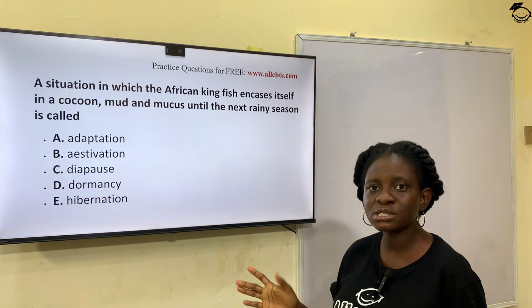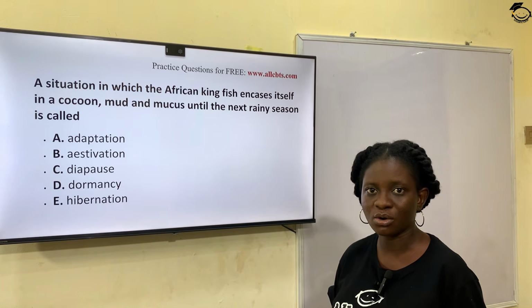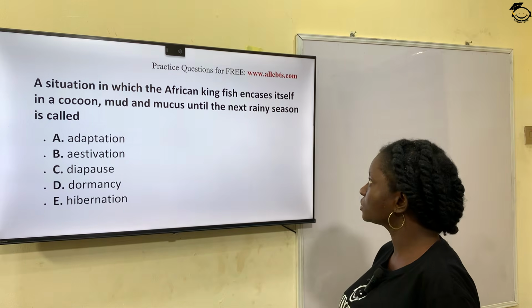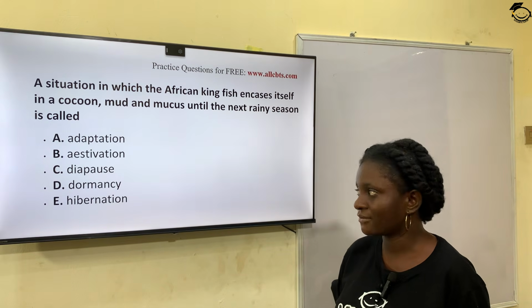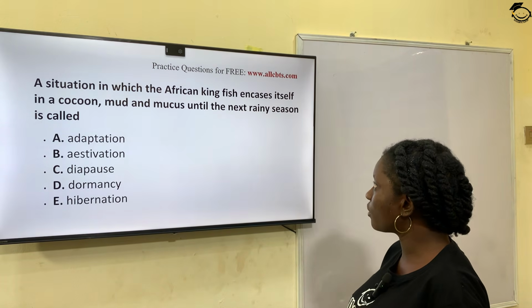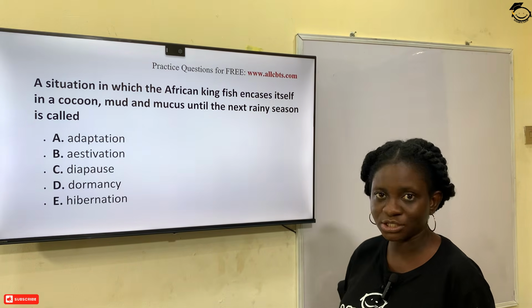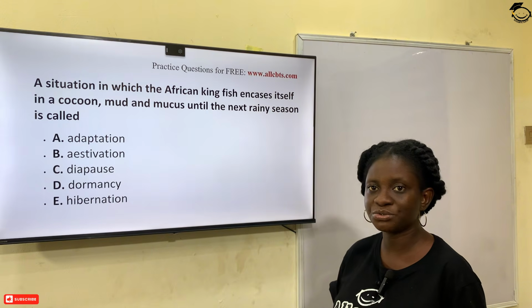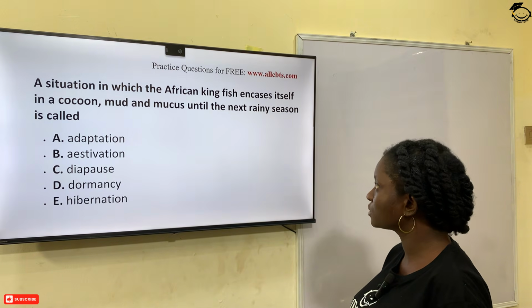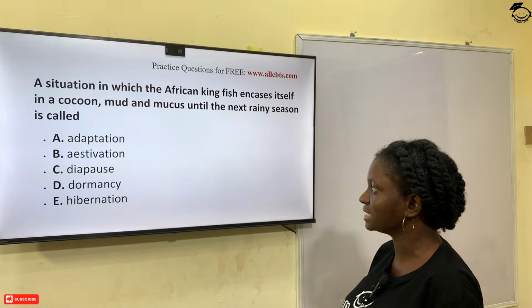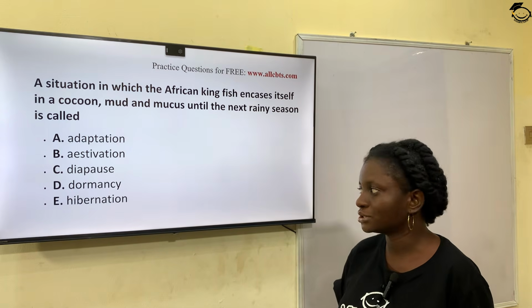That means it happens mostly during dry season or hot weather. So it's an adaptation or survival mechanism, and this type of adaptation is known as estivation. It happens during dry season. So the correct answer here is estivation, option B.